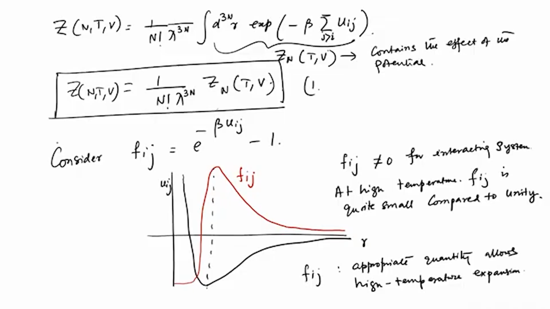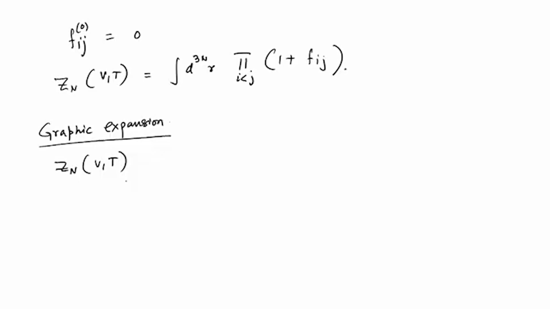Let us call this equation 1. The canonical partition function is this factor, 1 by n factorial, the Gibbs correction factor, and the thermal de Broglie wavelength, lambda to the power 3n, multiplied by Z_n. This Z_n is what we need to calculate, and as I said, we will do a graphical expansion of this.